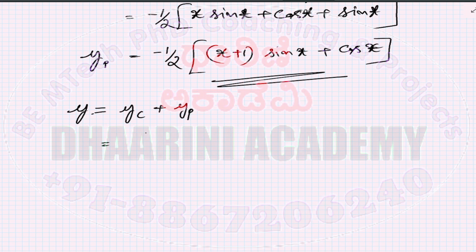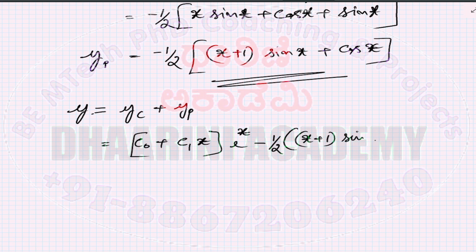So YC we obtained as C naught plus C1 x into e to the x, minus 1 by 2 times x plus 1 into sin x plus cos x. This is the final answer.